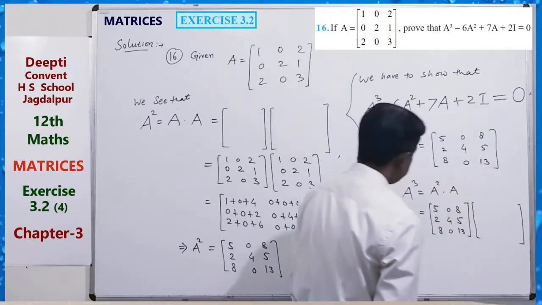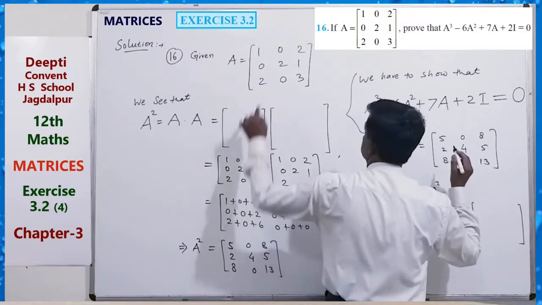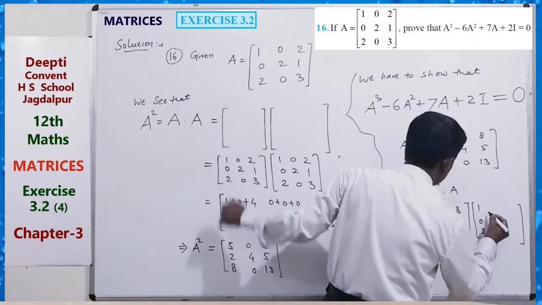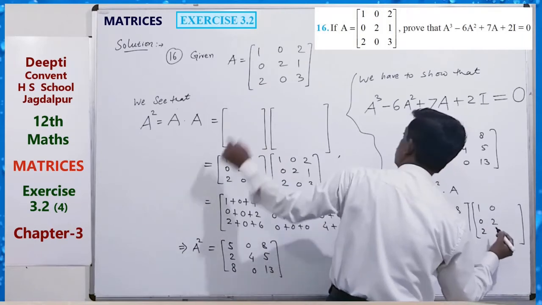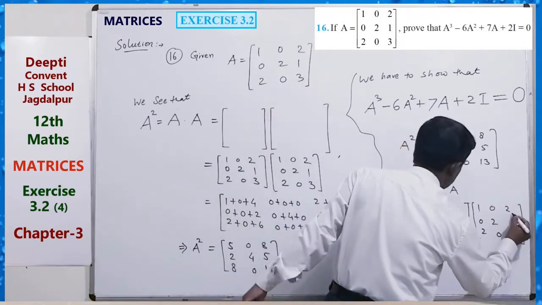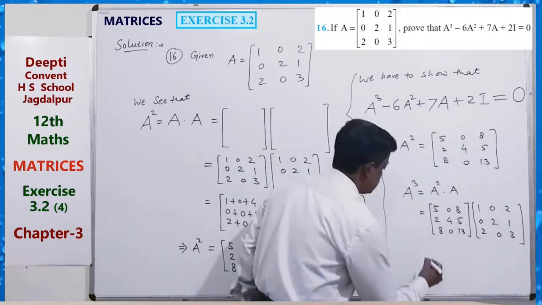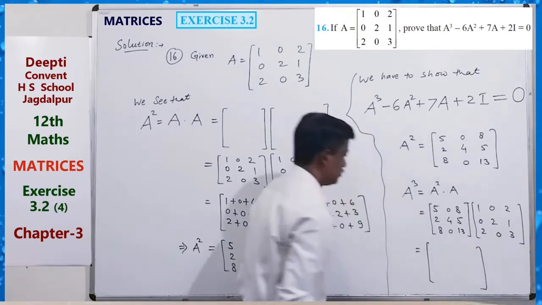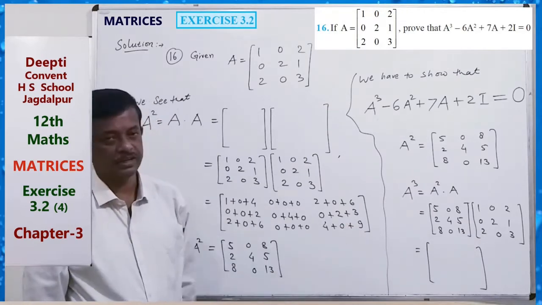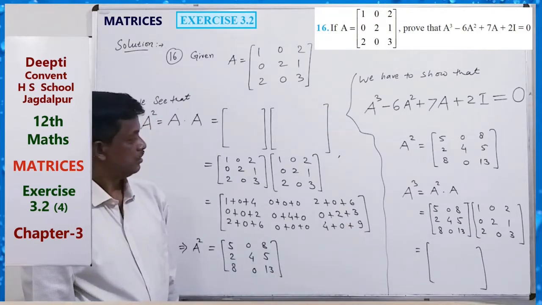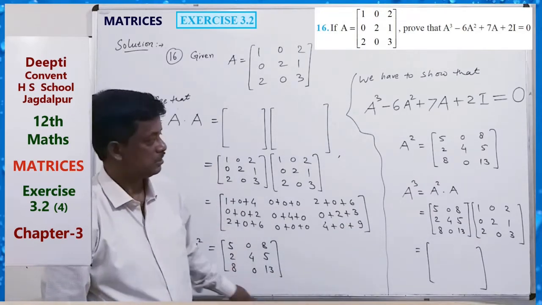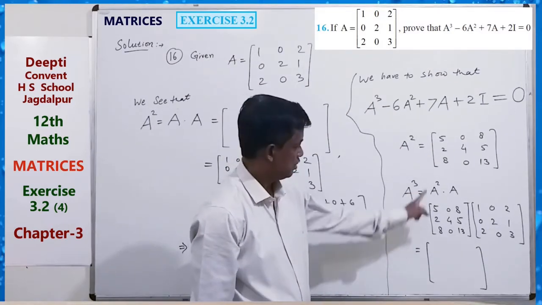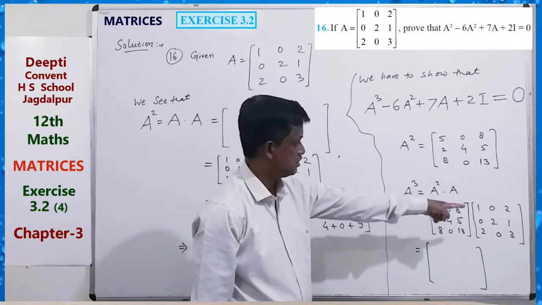Okay, so A is 1 0 2, 0 2 1, 2 0 3. We have to calculate this way. We can calculate directly here. This is A square, just writing here A square. A cube equals A square into A. A square is this and A is this.